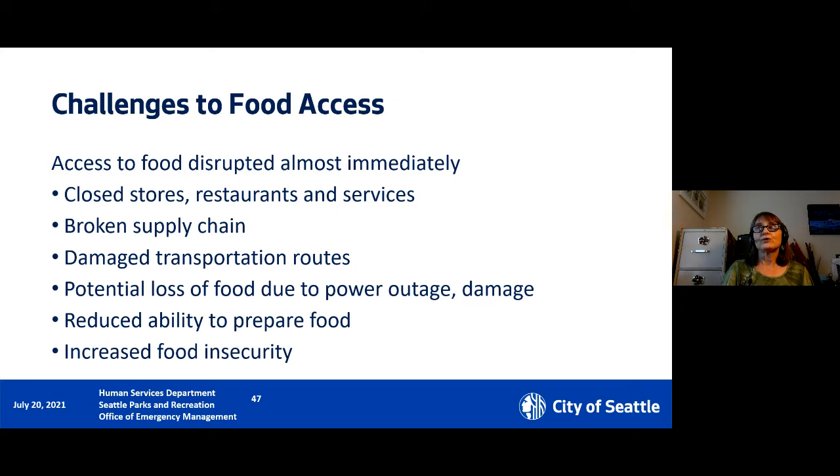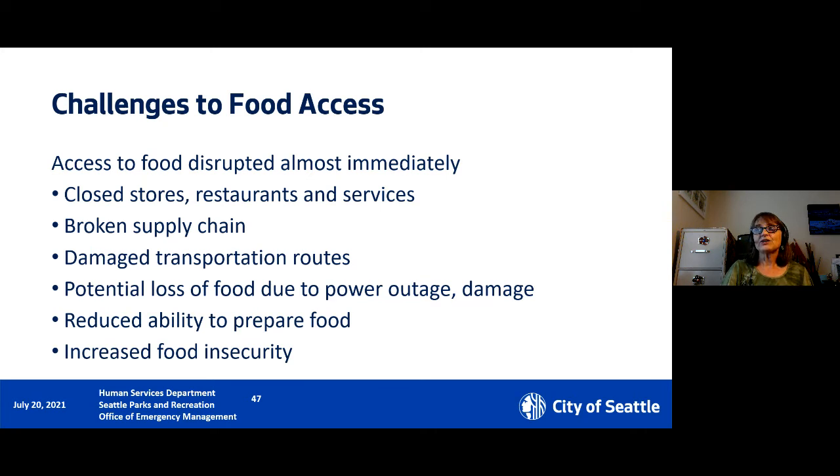You'll have closed stores, restaurants, and services. The food supply chain will be broken. There will be damaged transportation routes and likely prioritization of goods and services that can move through those routes, since the capacity will be greatly reduced.